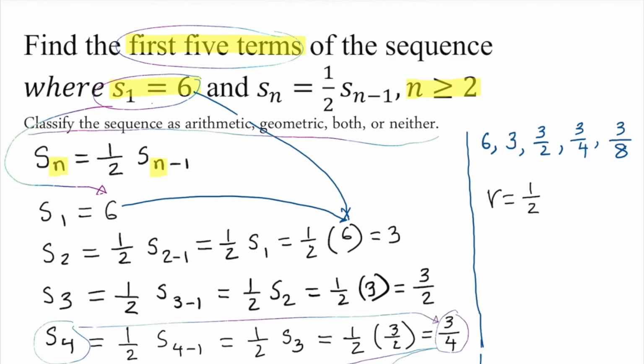Remember, we take the second number divided by the first number. Therefore, since we have a common ratio, we say this is a geometric sequence.